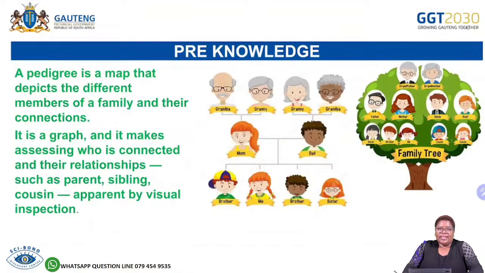Okay, now looking at our pre-knowledge. Have you ever experienced in real life where your parents were showing you some of your relatives, saying these are your relatives, you need to know them, but you don't know how you are related? This also happens with me.